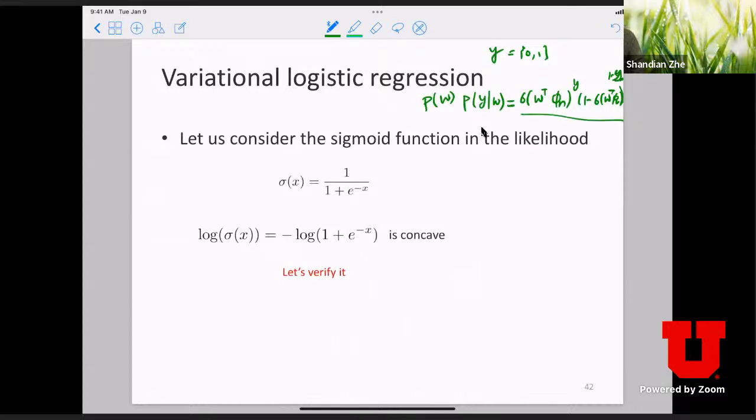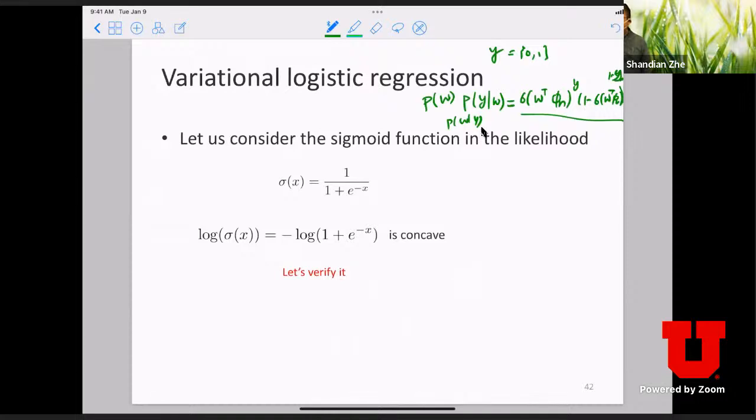So this is a Bernoulli likelihood, where the probability is a sigmoid function of the prediction score. If you calculate the posterior distribution of W given Y, you'll find that it is analytically intractable. It doesn't have any analytical form.